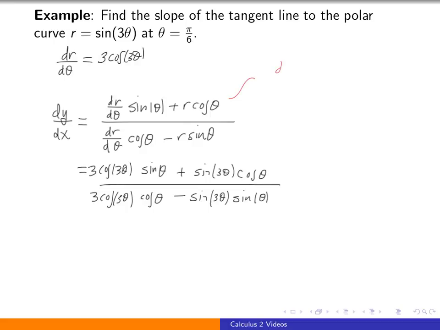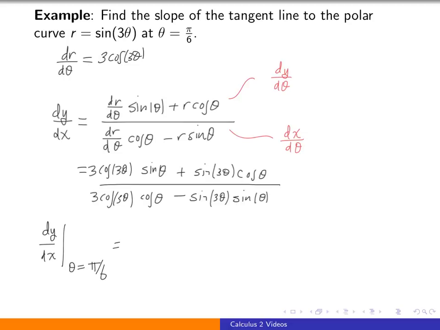The top is dy d theta, where you're differentiating y equals r sine theta. And the bottom is dx d theta, where you're differentiating x equals r cosine theta. So we have dy dx, but what we really need is the value of dy dx, that is the slope of the tangent line, when theta is equal to pi over 6.